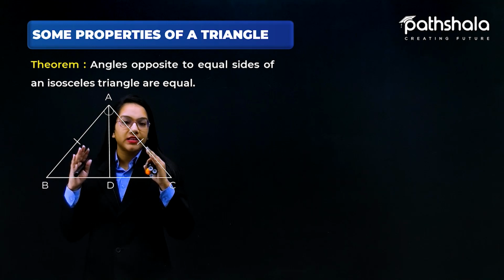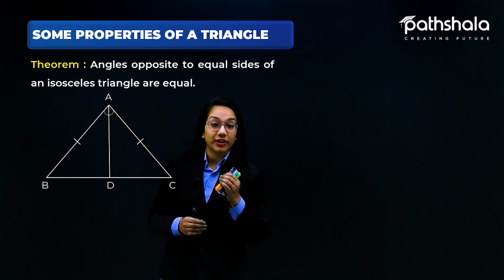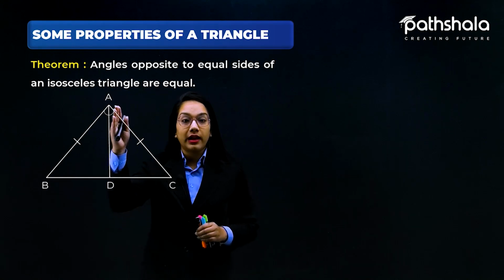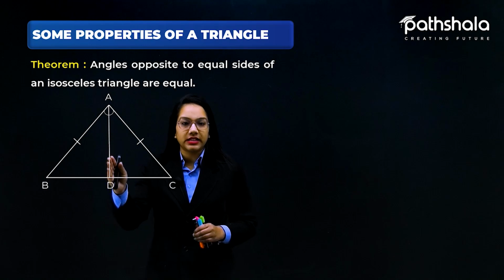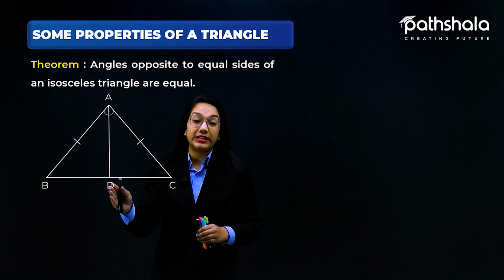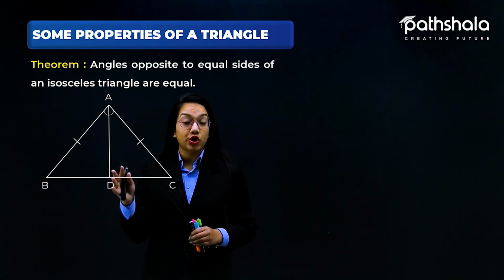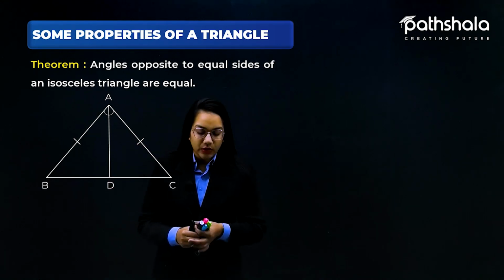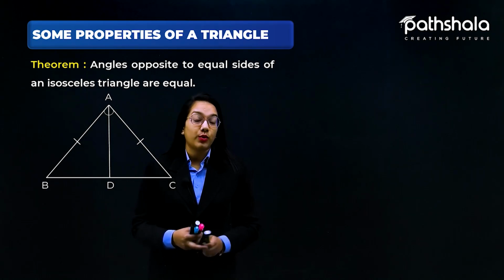I am taking the isosceles triangle ABC, and here I have done a little bit of construction in which I have drawn an angle bisector of the vertex A, intersecting BC at a point D. This angle bisector is drawn as a construction in order to prove this theorem. So let us start with the given condition and what we have to prove.